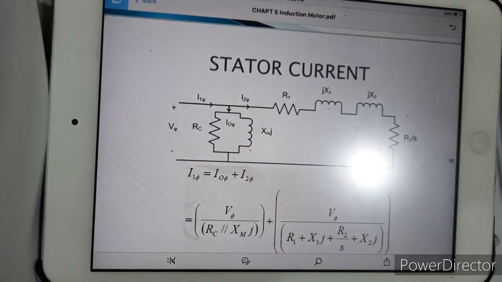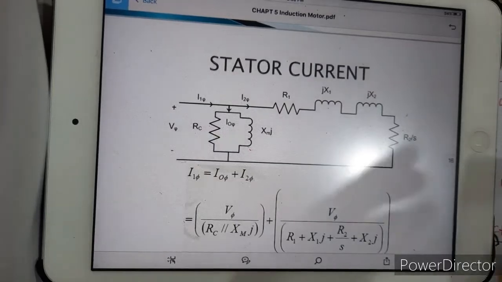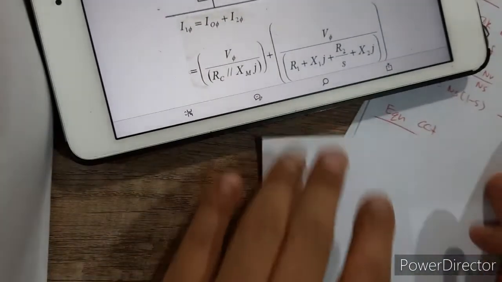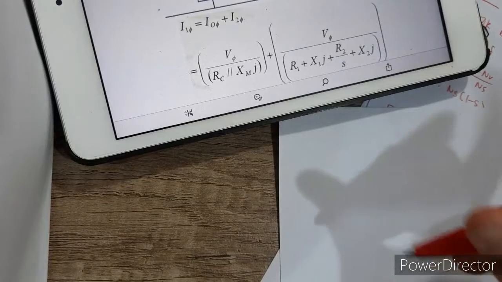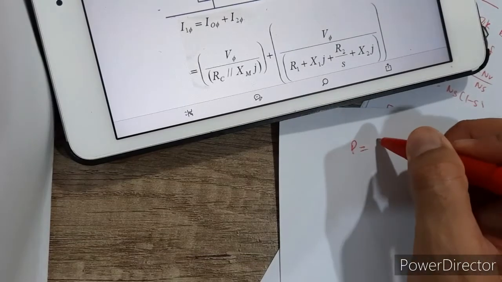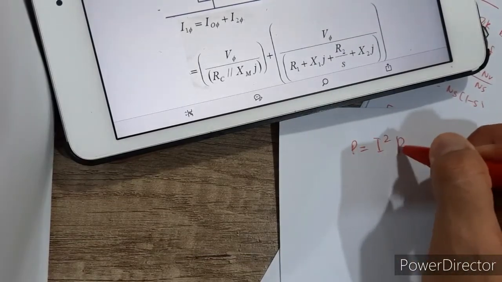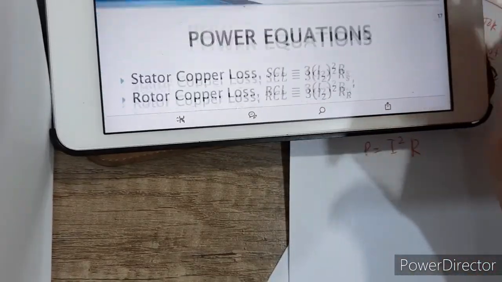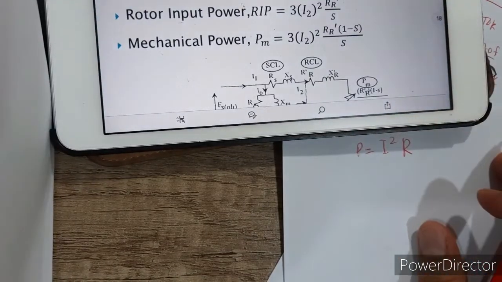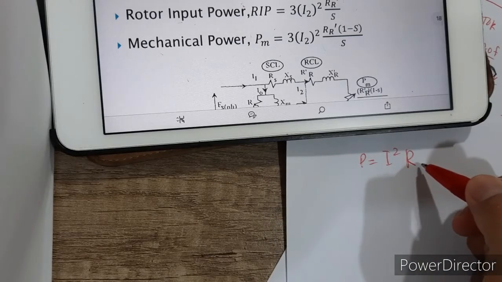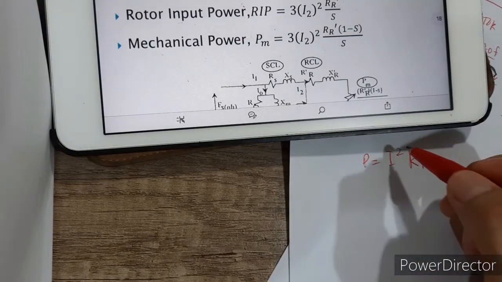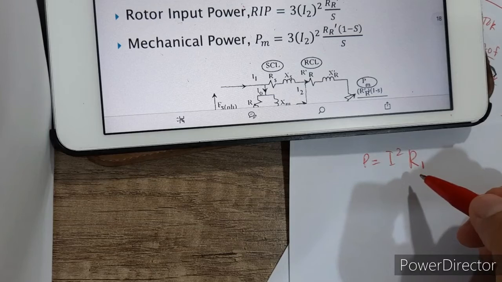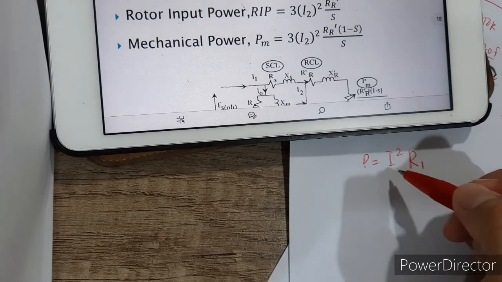The general formula for power is P equals I squared R. To determine firstly the stator copper loss, which is because of RS or R1, the current flowing through R1 is I2.